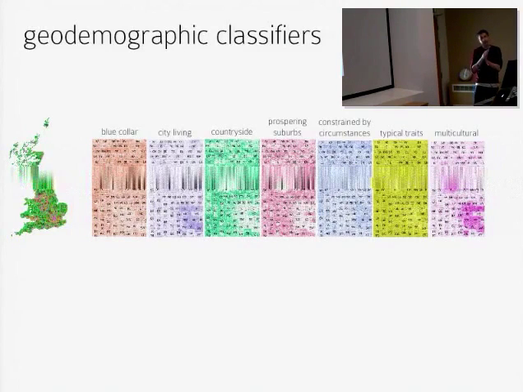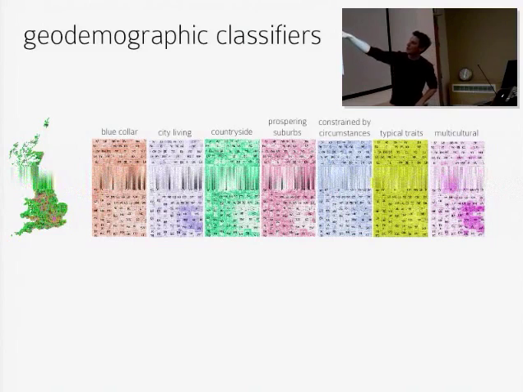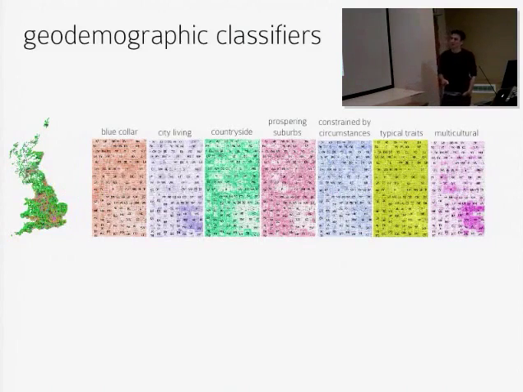So the closest centre that you're near. It could be the case, for instance, that you're given the output area class name prospering suburbs because you're the closest to that centre, so you look the most like prospering suburbs. But the difference between prospering suburbs and typical traits could be really small, so you could be very much like typical traits as well.